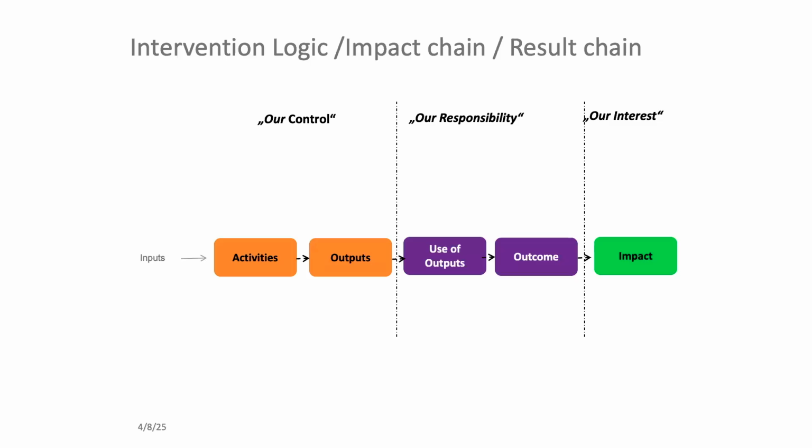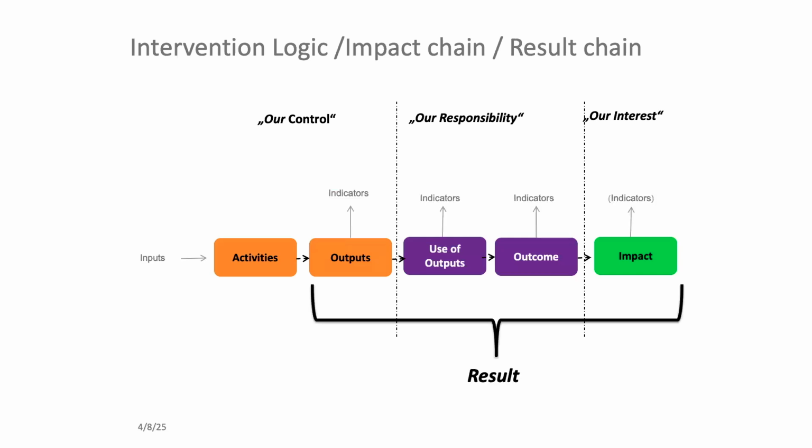Yes, unfortunately, this is confusing that in the intervention logic, sometimes only the most far-reaching change is called impact. And then at the same time, impact is also used as a general term to describe changes caused by an intervention. And also, as I already mentioned, some organizations use result as term from output to impact. This makes communication a bit difficult.